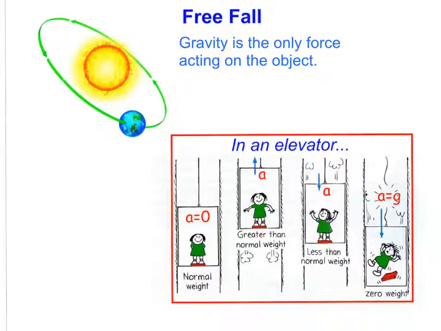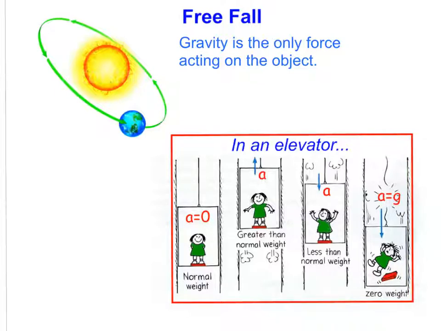If, however, she gets to go fast enough, maybe it's a really tall building, and she ends up accelerating at something around 9.8 meters per second squared in this elevator, she will experience weightlessness. At that point, the acceleration that she is traveling is equal to the acceleration due to gravity, and she will experience a feeling of weightlessness.